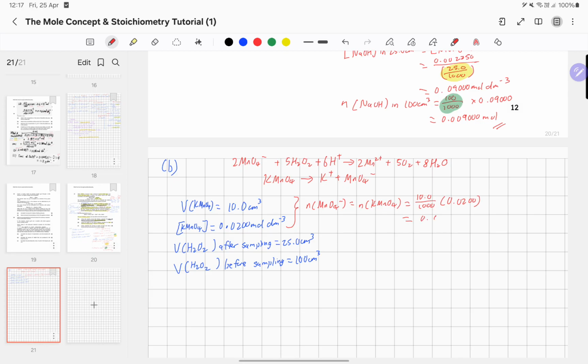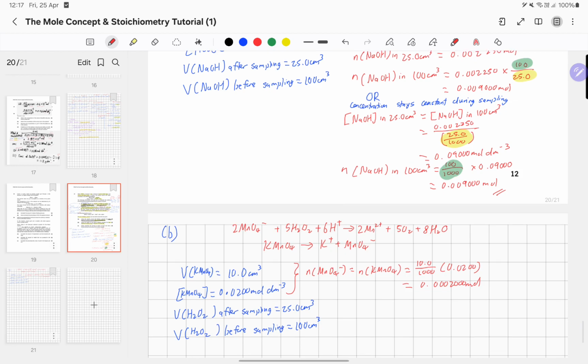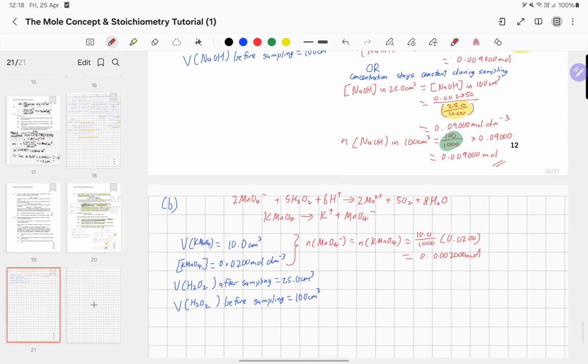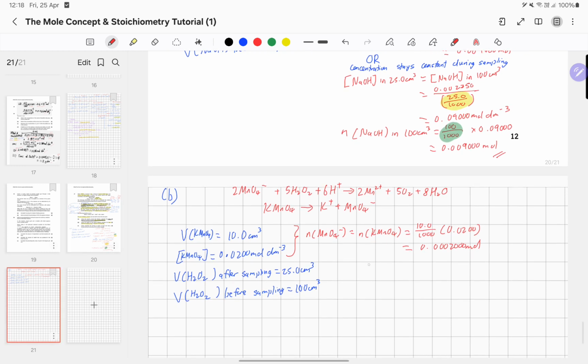So this gives you 0.0002000 moles. Okay, then what's next is that we can actually use this. We want to go to H2O2, so the ratio over here is 2:5, right? So H2O2, this one is in 25.0 cm³.